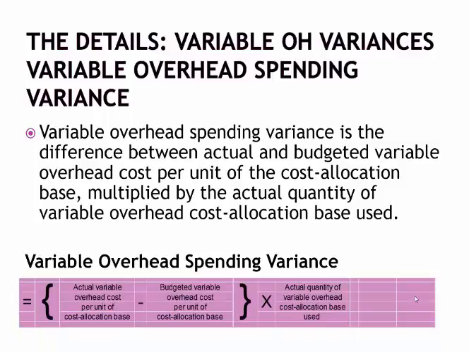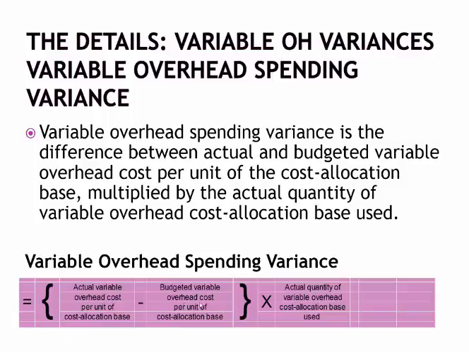Again, you guys have seen me put these formulas in an Excel spreadsheet, breaking down and abbreviating what's going on. Again, we're looking at the differences in the cost, the actual variable overhead cost per unit of the cost allocation base, and the budgeted variable overhead cost per unit of the cost allocation base.